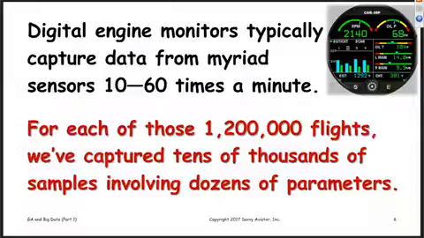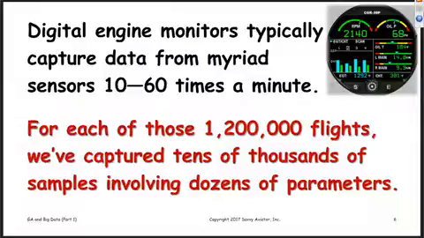So if you multiply the number of flights times the number of sensors times the data acquisition rate, which is quite quick, we've captured tens of thousands of data samples involving dozens of parameters.